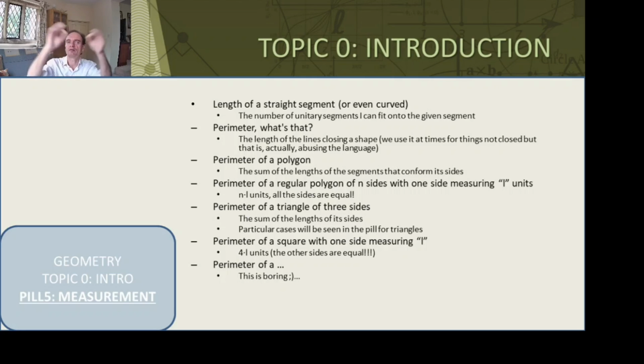Perimeter is the length of a line that is closed. So if we think of polygons, the perimeter of a polygon is just the sum of the lengths of its sides. And this applies for any polygon: triangles, regular polygons, squares, rectangles, rhomboids, etc., you name it.